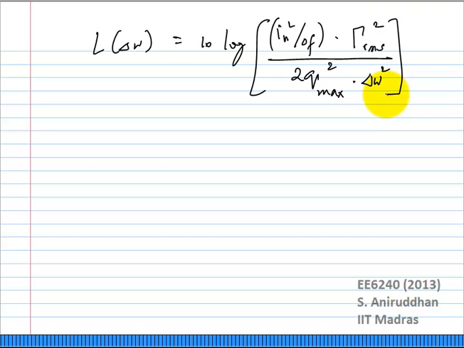You can also correlate this particular expression to what we derived earlier using the LTI model, and see what happens. For example, q max squared is related to the peak voltage across the capacitor. You can write q in terms of the capacitance and the voltage, and so on, and compare this. In fact, you also know gamma RMS for an LC oscillator.